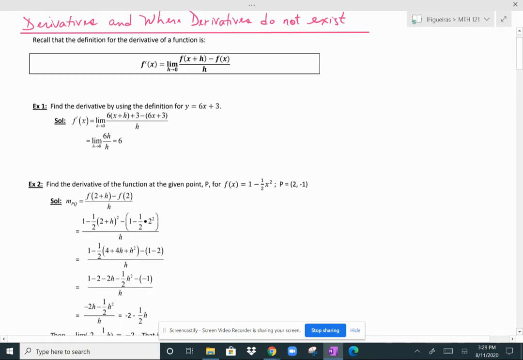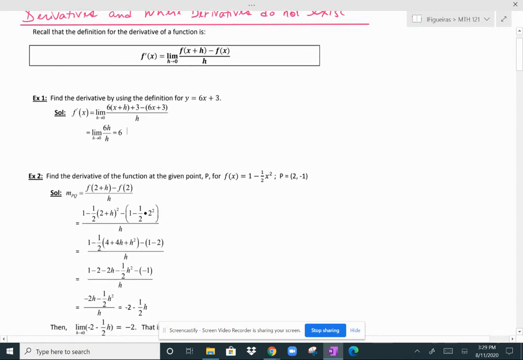All right, so let's do another one where we're finding the derivative. We want to find the derivative of a function at a given point. So your function is given to be this quadratic function, and the point is at 2, -1. So I'm going to do that right from the beginning.